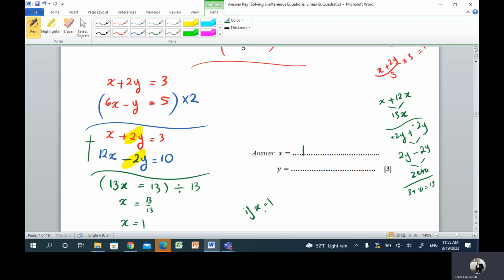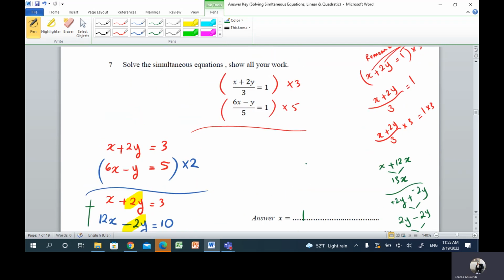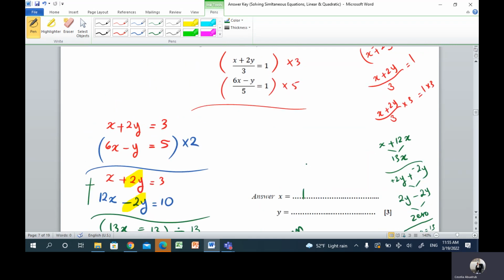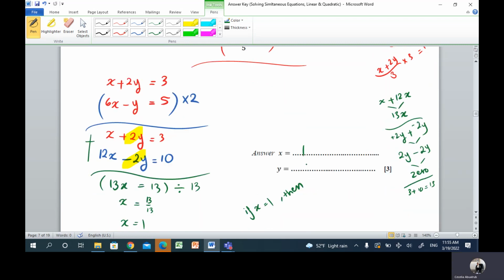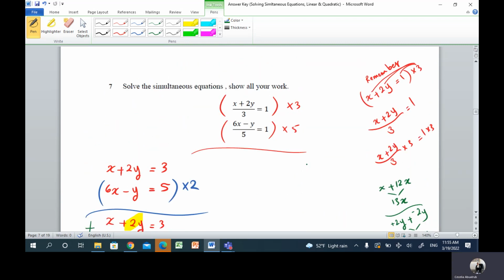So if x is equal to 1, then, okay, and even we can go to the original equations. So okay, let me do it up here, to be honest. If x is equal to 1, then x plus 2y over 3 must be equal to 1.